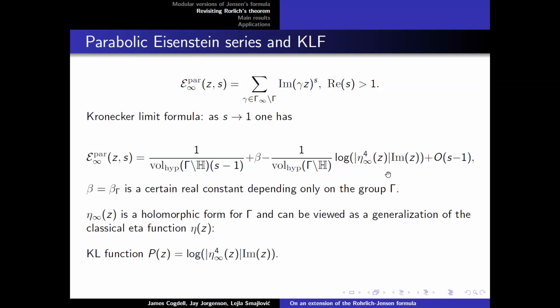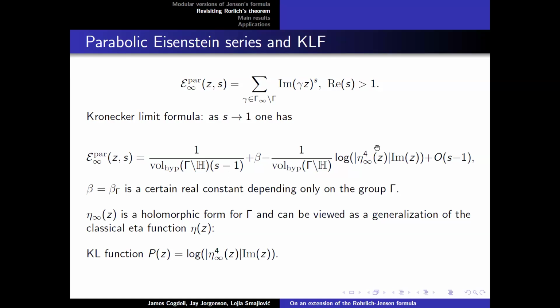and the next term, meaning the constant term, as s tends to 1, is a certain real constant beta minus 1 over the volume times the logarithm of a certain holomorphic form. This is the result of Goldstein, also from the mid-70s.